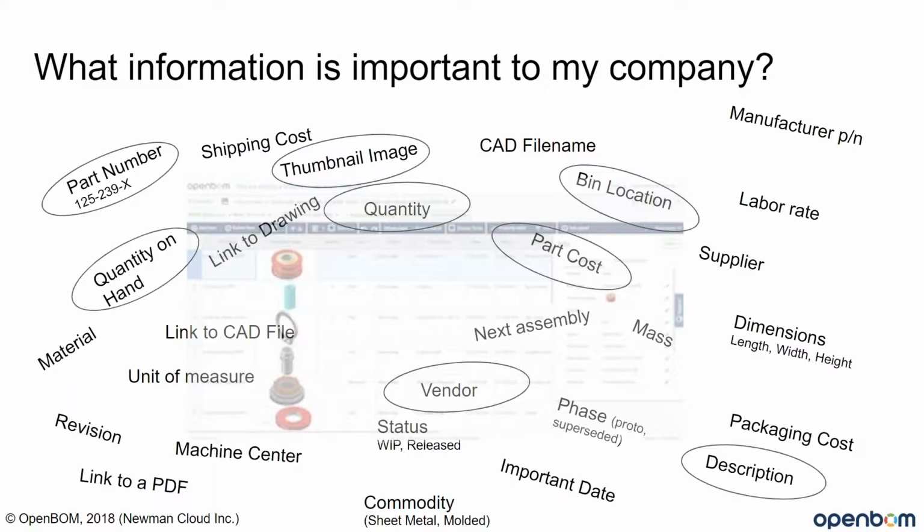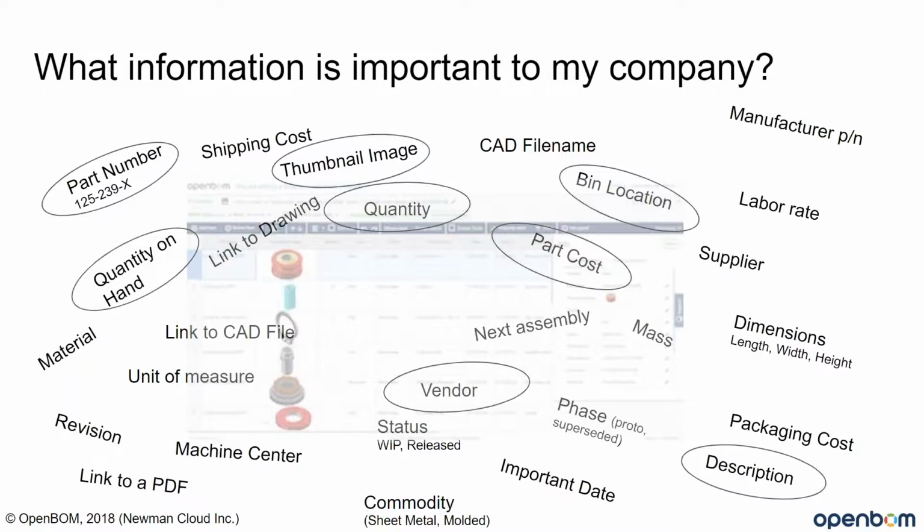So, let's move along. Today, as we focus on what information is important to my company, let's go through a quick thought process about what's the possible information that could be on a bill of material. We've all seen bills of material that are unmanageably huge, the Excel spreadsheet with hundreds of columns.